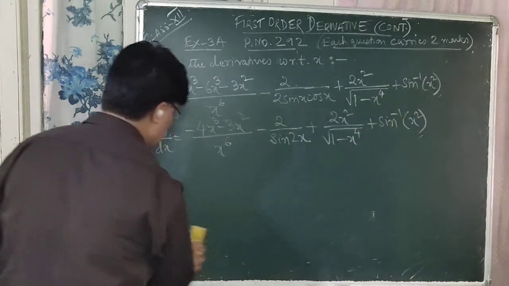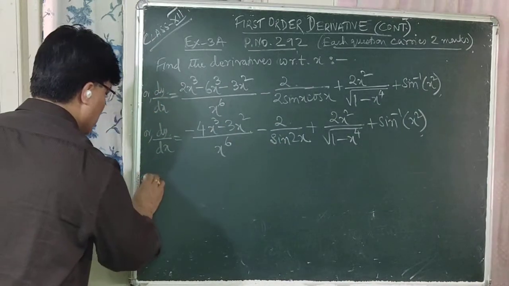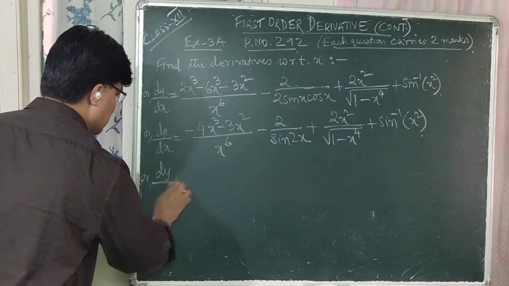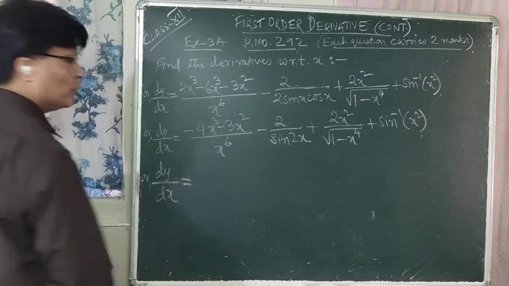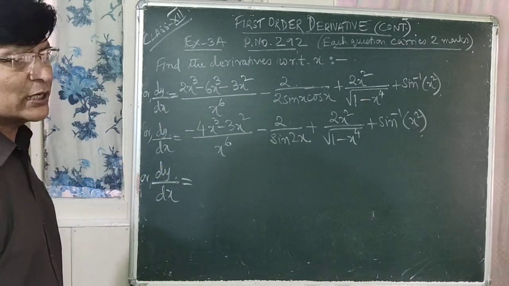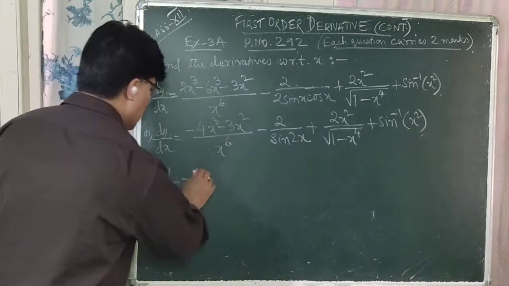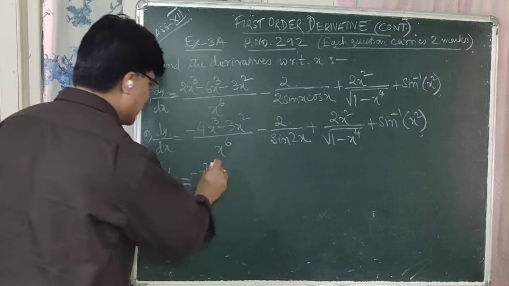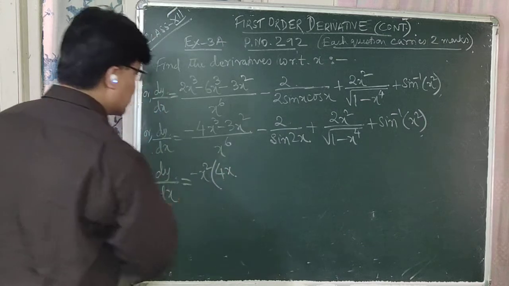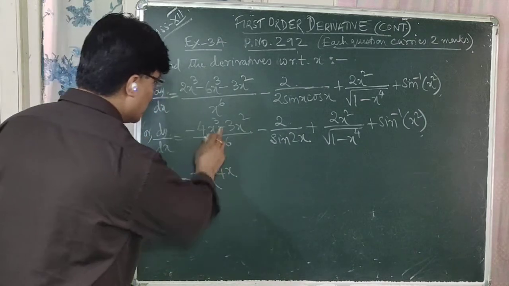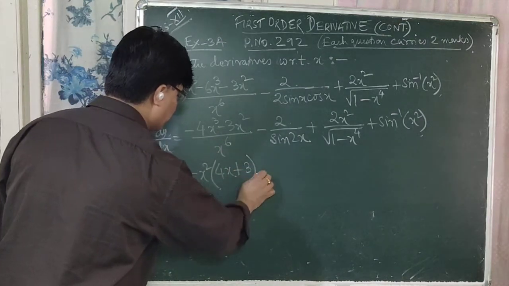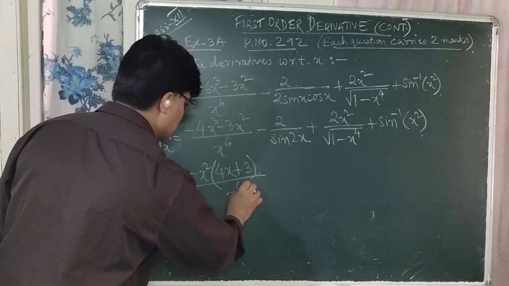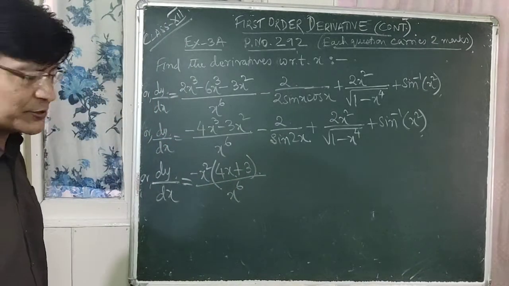So once again you can simplify it. So dy by dx is equal to, in the numerator what is common there? Minus x square is taken common. So within bracket what do we get? It is 4x, right? So minus into minus plus 3 whole divided by, this is your x to the power 6.